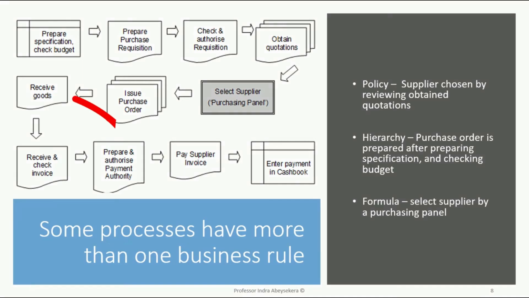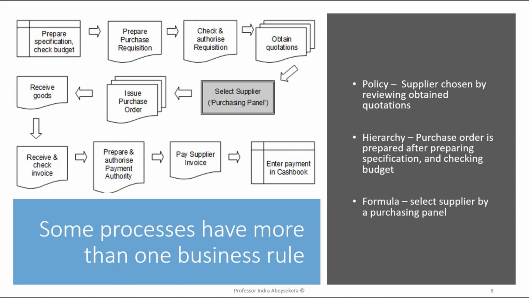Once the supplier is selected, issue the purchase order, then receive goods. When goods are received, check against the invoice and also the purchase order. Prepare and authorize payment, pay the supplier invoice, and then enter the payment in the cash book.